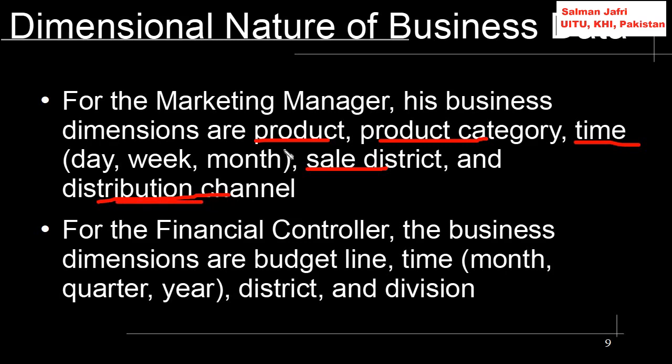Again, the queries might include what are the sales of a particular product or a particular product category for the current month, current week, current day, and so on, current year for that matter, certain sales district, distribution channel, etc. Now everyone must please notice that time is a very common dimension in most of the business dimensions, right? So everything is monitored with respect to time or for a certain point in time.